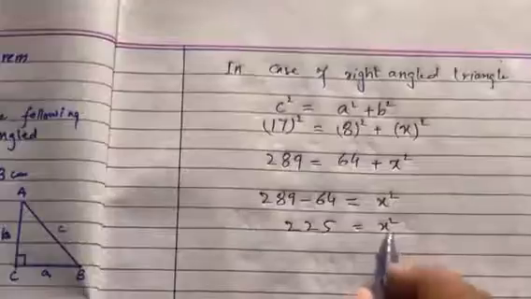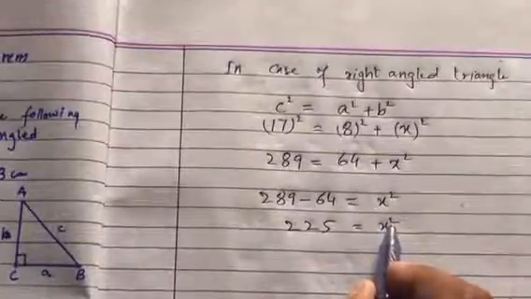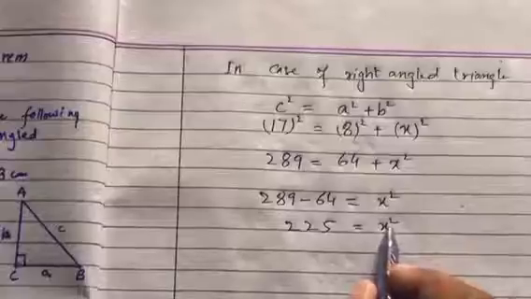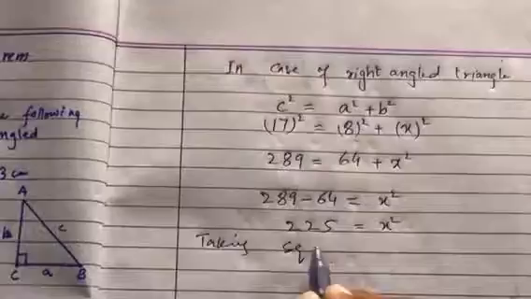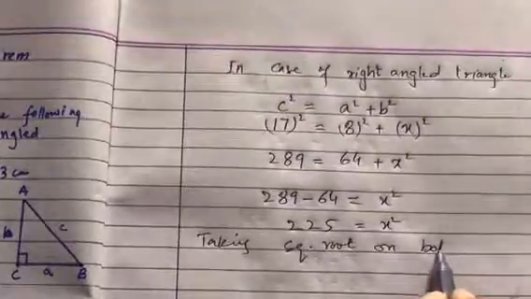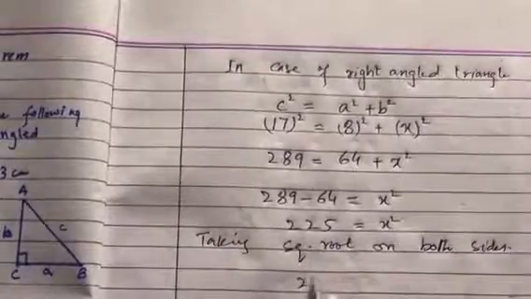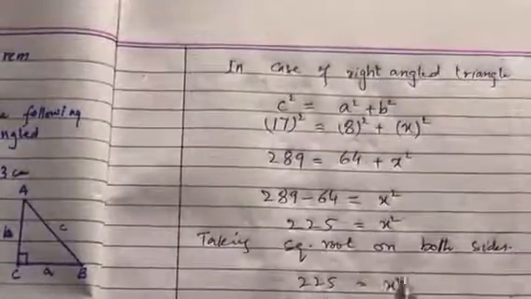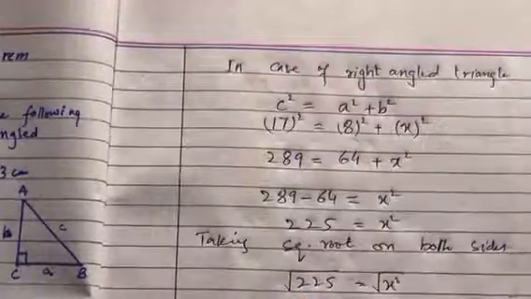So we have to find the value of x. Here is the x square. To isolate x square, we will take the square root on both sides. Here we took the square root of both sides.